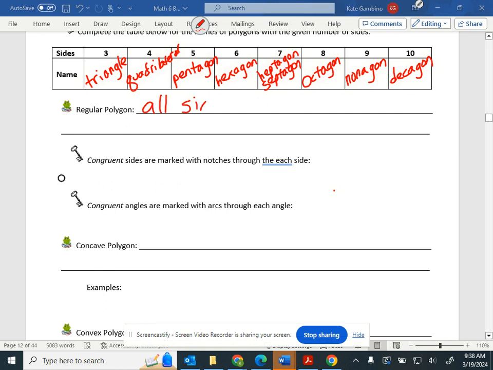So if it's regular, all sides congruent. If it is concave, at least one side is caved in, making that inside angle be huge because there's a side caved in.